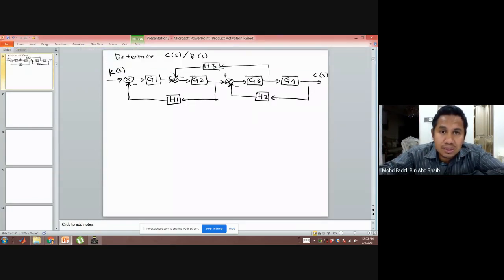We need to move this summation point here. We need to move here to here.